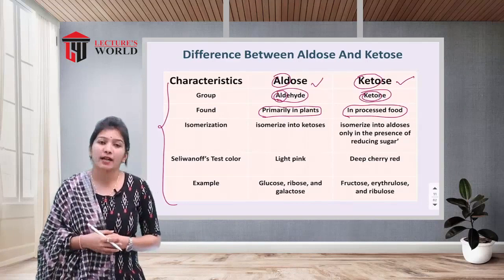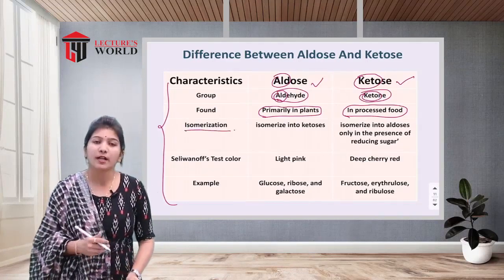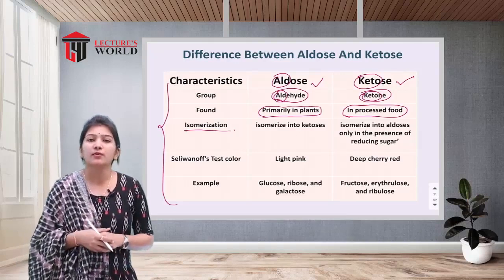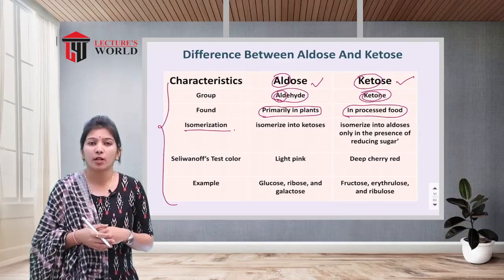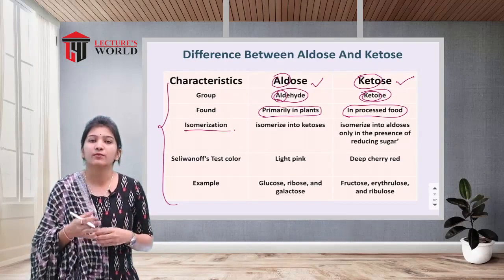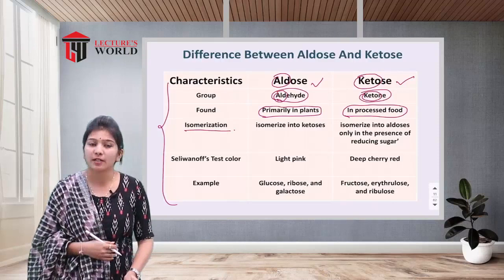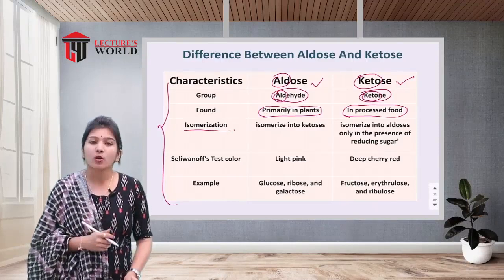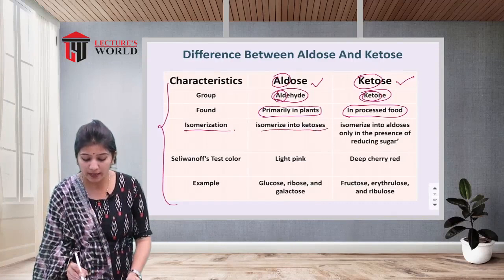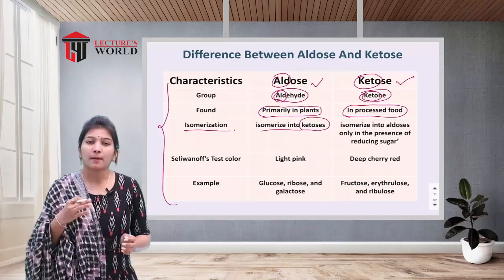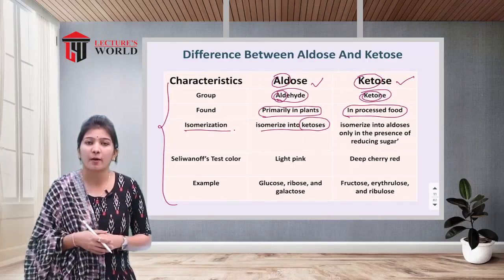Next is isomerization. What is isomerization? Isomerization means a change in physical structure. If any ion or molecule changes in its physical structure, that process is known as isomerization. In the process of isomerization, aldose are converted into ketose whenever we apply heat or expose them to a cold environment.